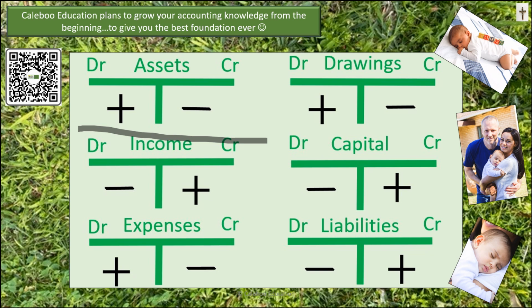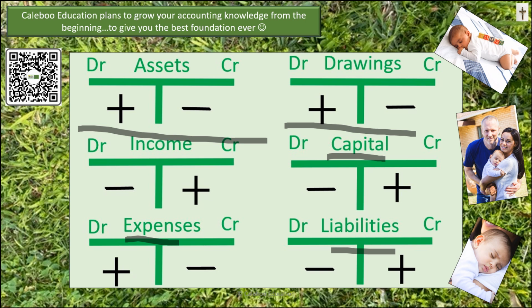Here I have the different categories: assets, drawings, capital, expenses, liabilities. I got income as well. You need to know how to apply these rules. But first of all, you need to know and understand these rules.